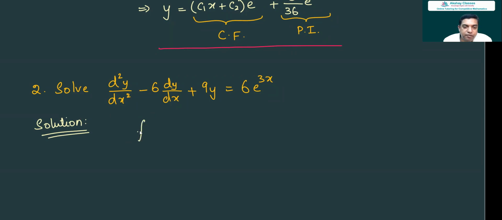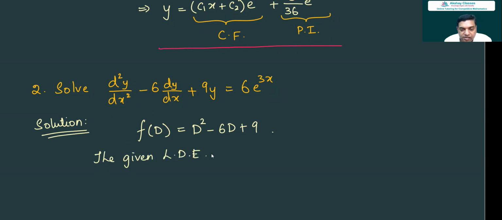Now, f(D) we can write as D² - 6D + 9. The given linear differential equation is f(D) y = 6e^(3x).